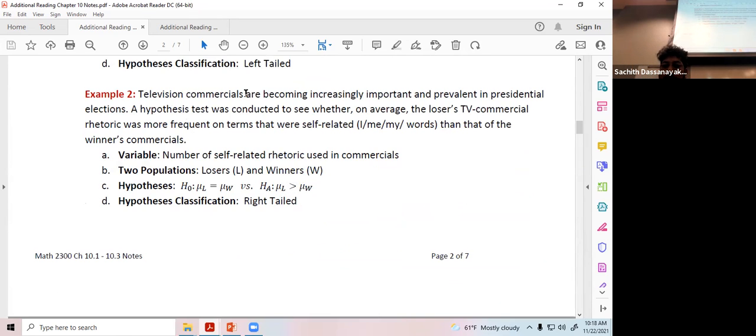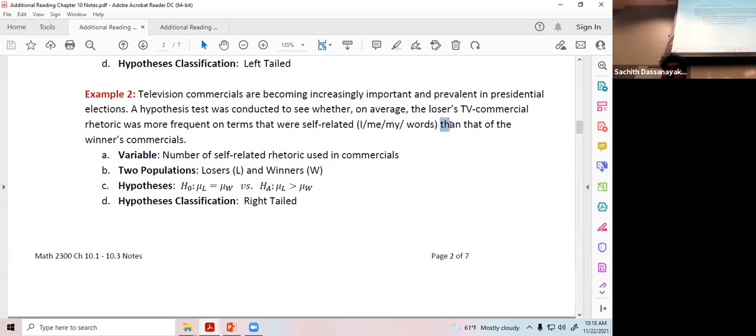Television commercials are becoming increasingly important and prevalent in presidential elections. A hypothesis test was conducted to see whether, on average, the loser's TV commercial rhetoric was more frequent on terms that were self-related than that of the winner's commercial.